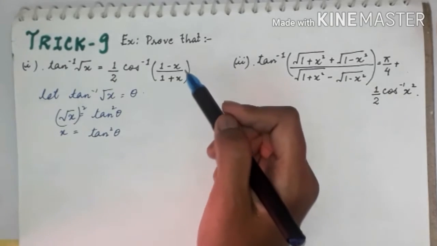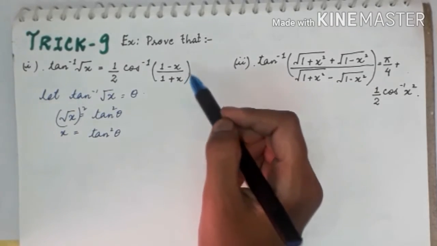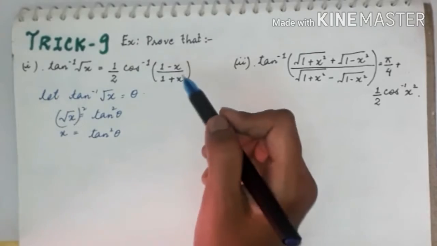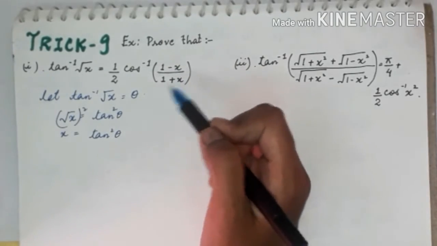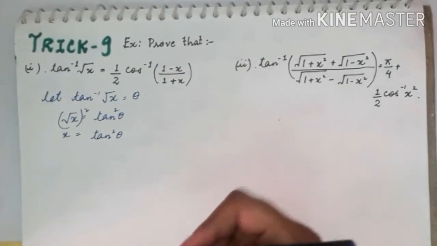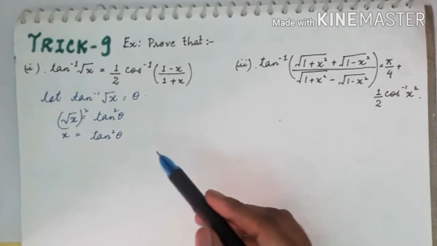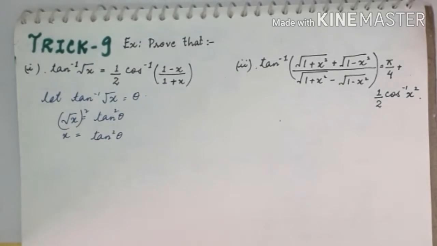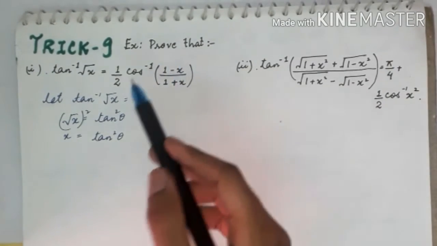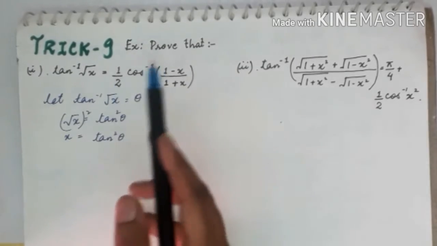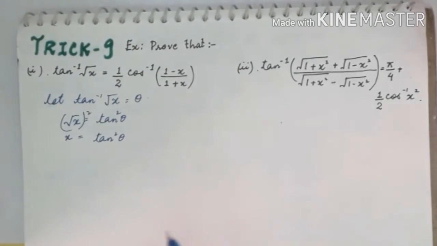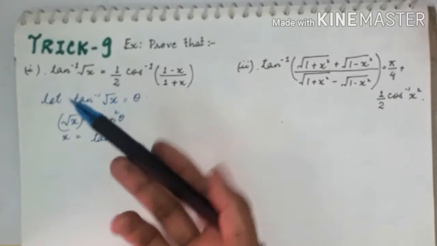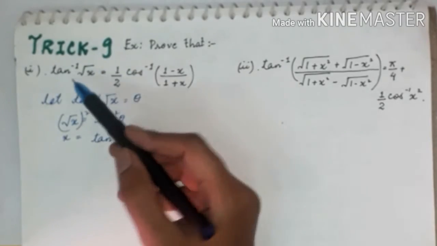This is the formula of cos 2 theta, and then cos inverse and cos will get cancelled. Just try it on your own. It's really very simple. The trick, the very important trick, I have just told you. This question seems so complicated, but it's really very easy using this trick.